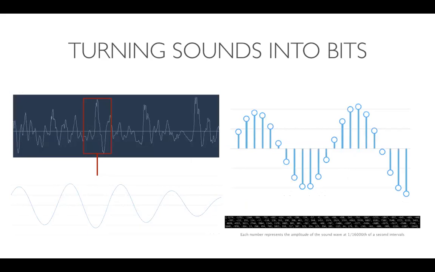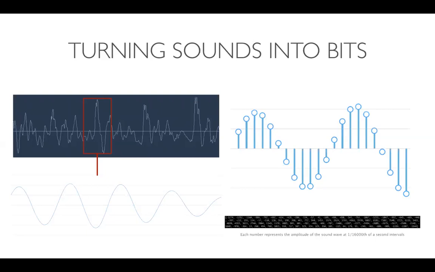As an example, at the top, you can see one speech. This is a waveform of a speech. If we zoom in on a little portion, as defined by the red box, we can see that it's a sine wave, a complete wave in that portion. Using that sine wave, we can get some numbers.